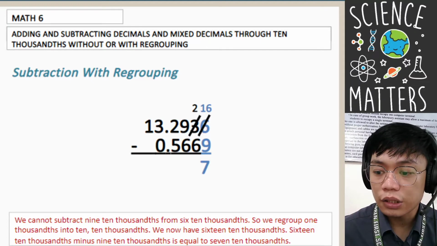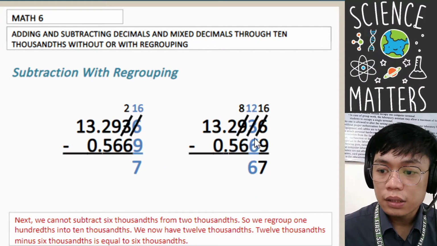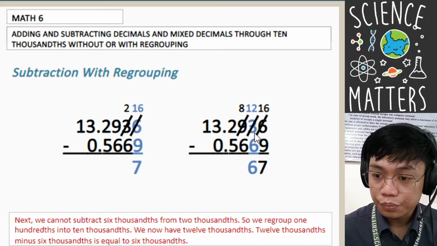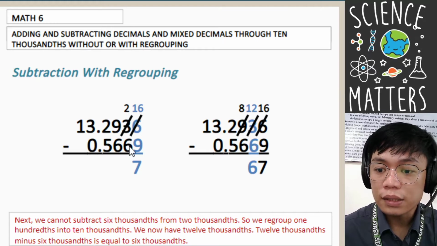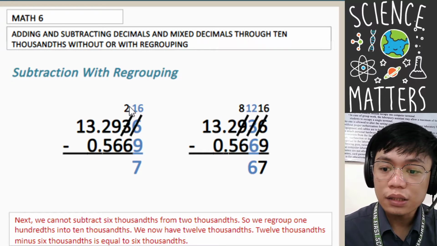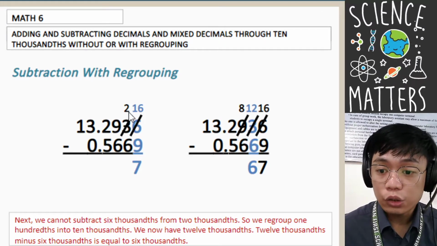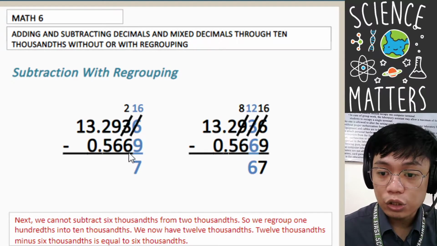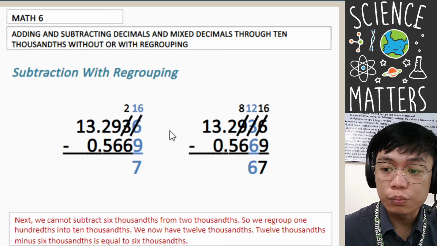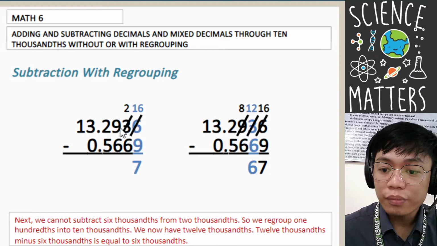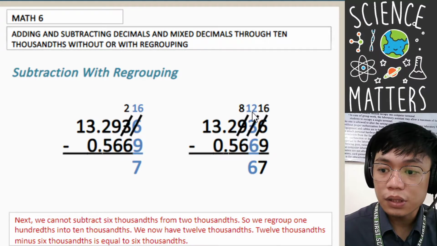Let's continue. Now, the second one will be 2 minus 6. We cannot subtract 6 from 2, so we are going to regroup again. We borrow 1 from 9, then 9 becomes 8, and that 2 there becomes 12.